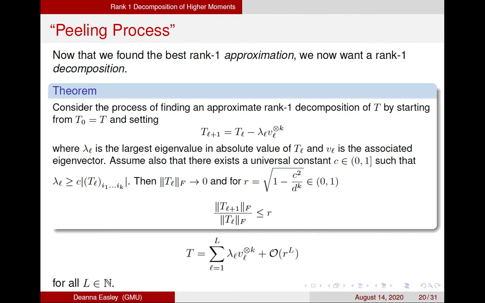After we found the rank 1 approximation lambda v tensor k, we subtract it from T, and then recursively find the rank 1 approximation of the result and subtract it once again, and repeat to get T_{l+1} equals T_l minus lambda_l v_l tensor k, where lambda_l is the largest eigenvalue in absolute value of T_l, and v_l is the associated eigenvector.